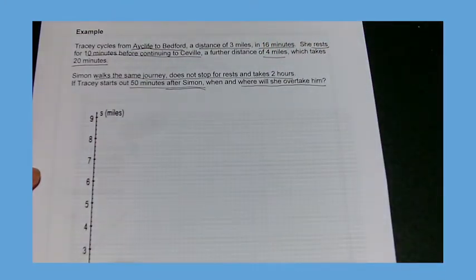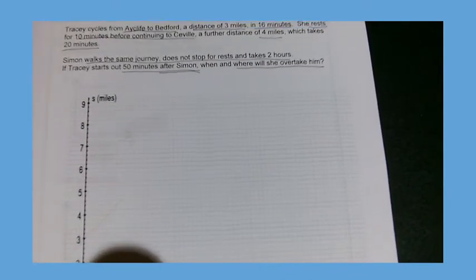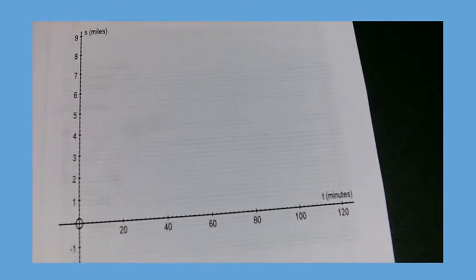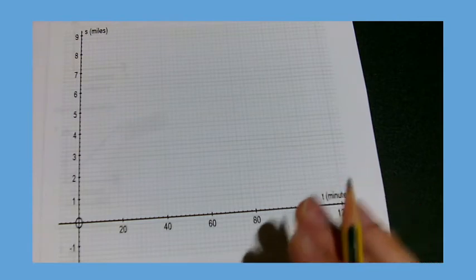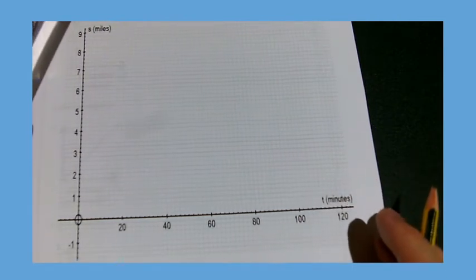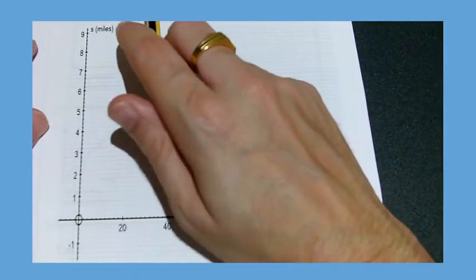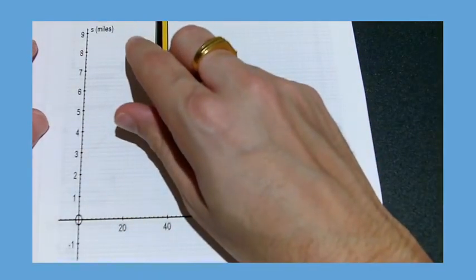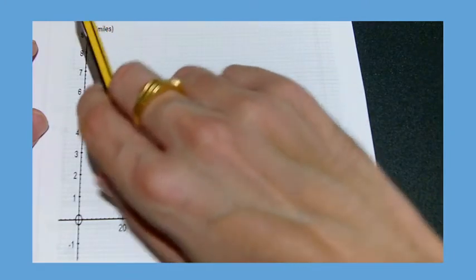Okay, so it's important to see what information we've got at the moment that could help us. The first bit of information is that Tracy cycles from Aycliffe to Bedford, a distance of 3 miles, done in 16 minutes. Before we even start that, we're going to do Simon's journey first. I think that's the easy journey. He does the same journey, altogether 7 miles.